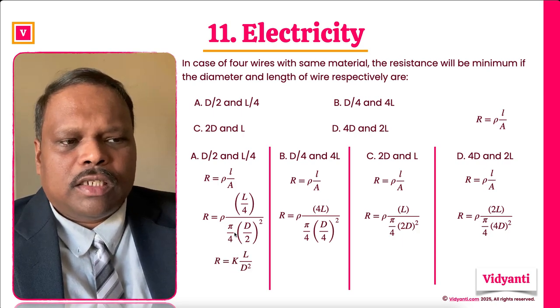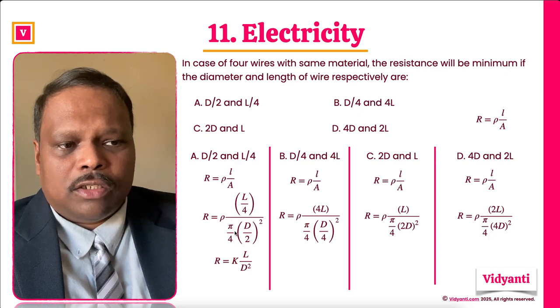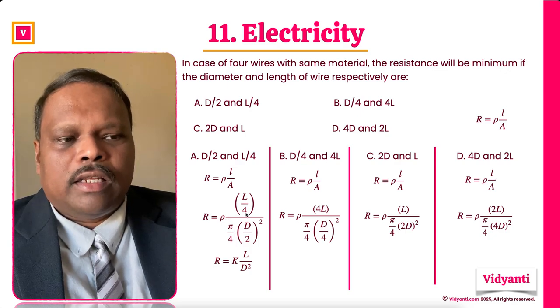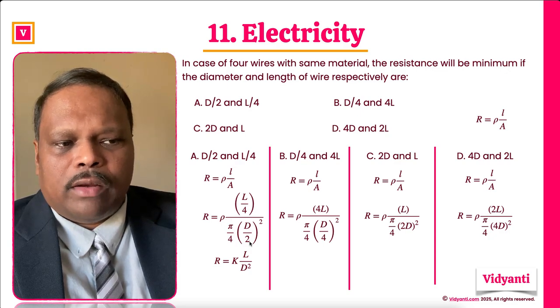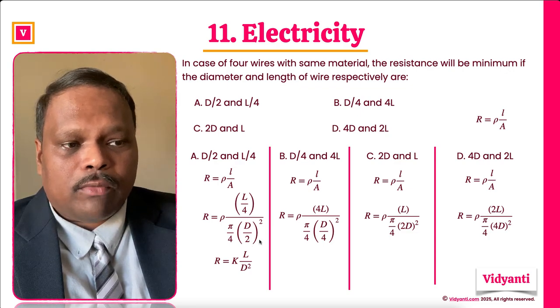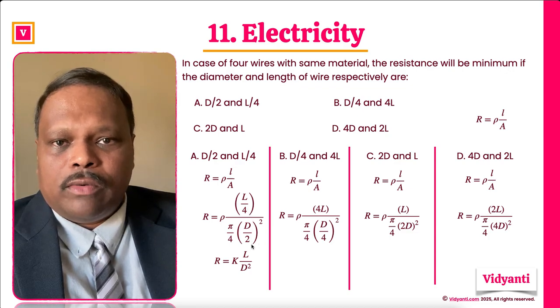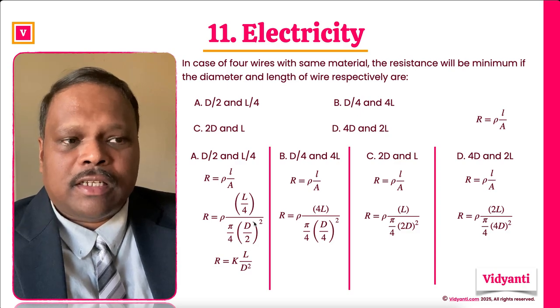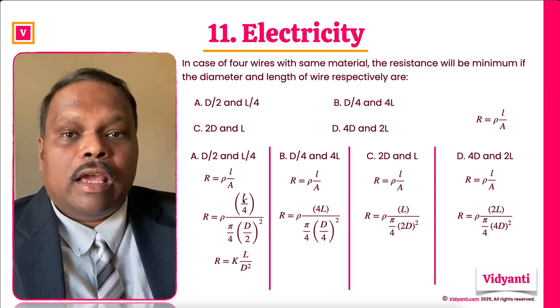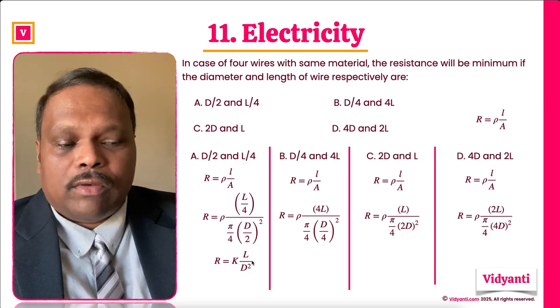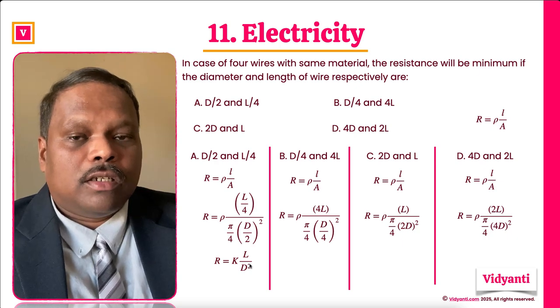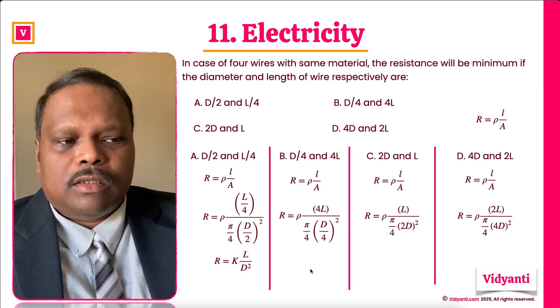So in the first case, it will be k, which is rho divided by pi by 4, and then L by 4, and then d square by 4. Remember, this is d by 2, so when you square it, it will be divided by 4. The 4 divided by 4 will get cancelled, and eventually it will be k times L divided by d square. That will be the effective resistance of the first scenario. Let's repeat the same thing.